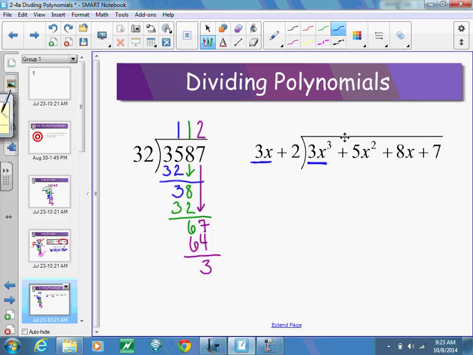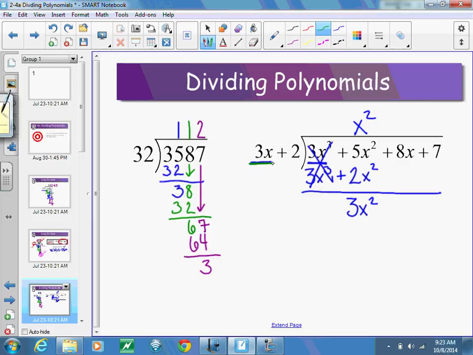What I'm going to end up with is x squared, because when I multiply x squared times 3x, that gives me 3x to the third. x squared times 2 gives me a positive 2x squared. Now I can subtract, and my 3x cubes are going to go away. 5x squared minus 2x squared, because I'm subtracting, gives me 3x squared.